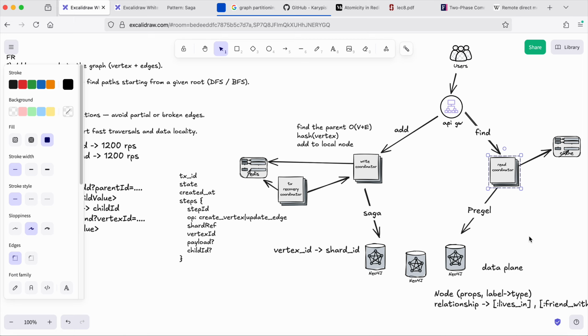So in general, the read coordinator receives a query, find path from some X, and starts a Pregel-like traversal. It finds the shard for vertex X, sends subqueries to shards holding neighboring vertices, and each shard processes its local vertices in parallel. This coordinator then helps us merge partial results.